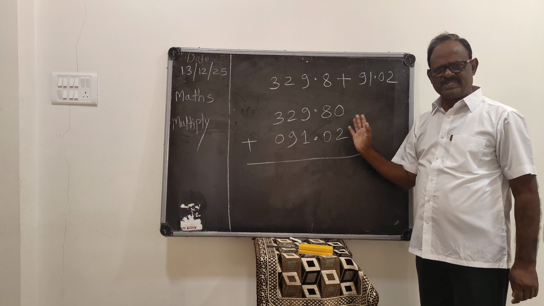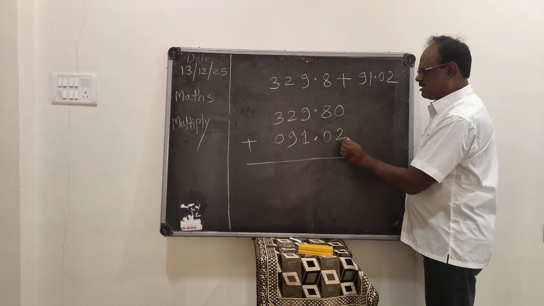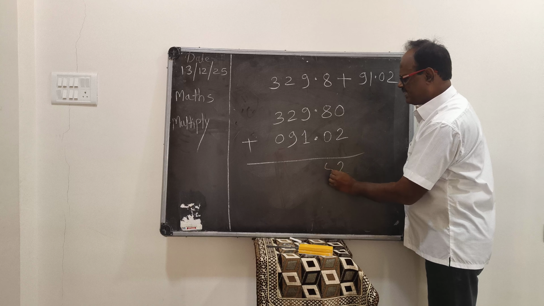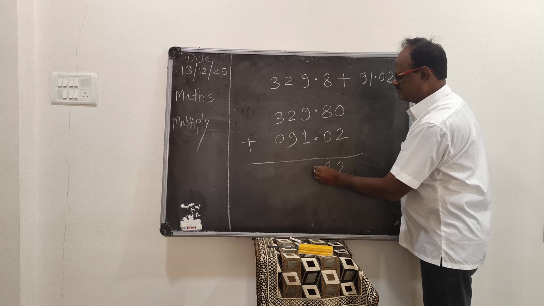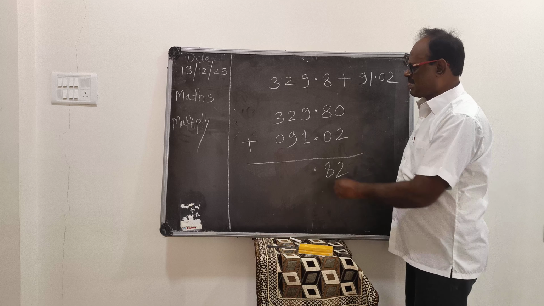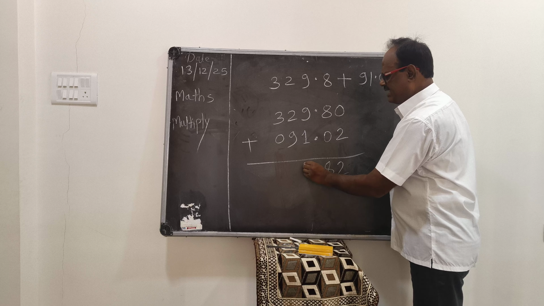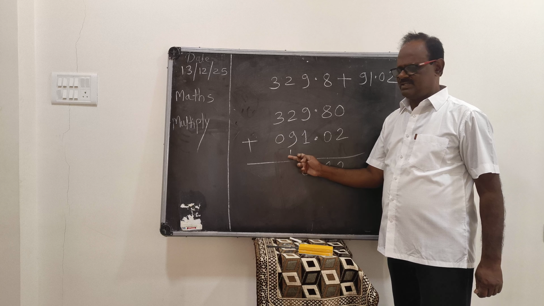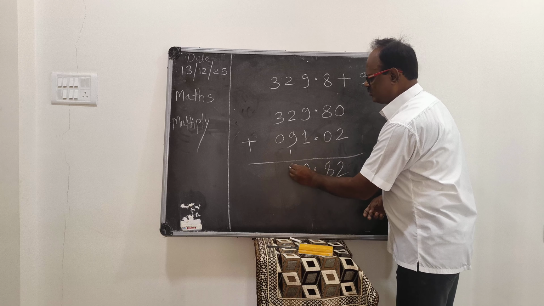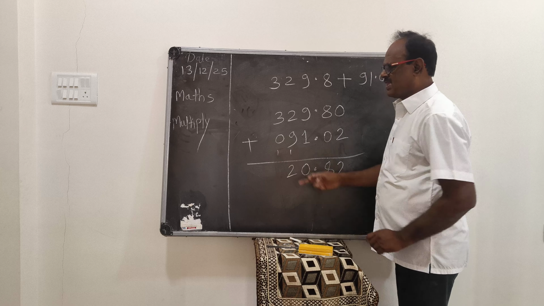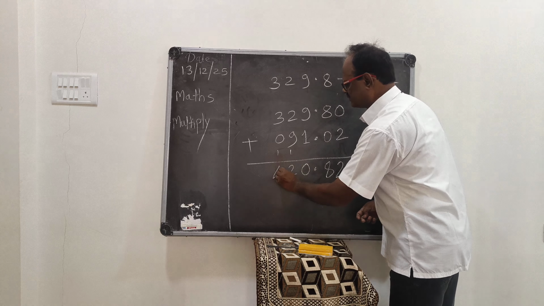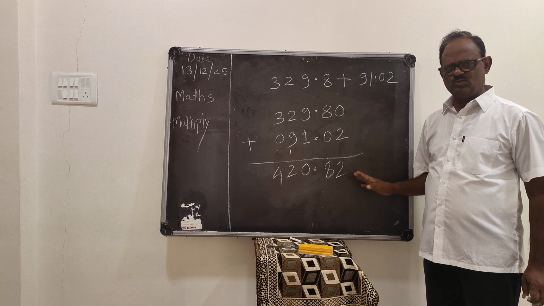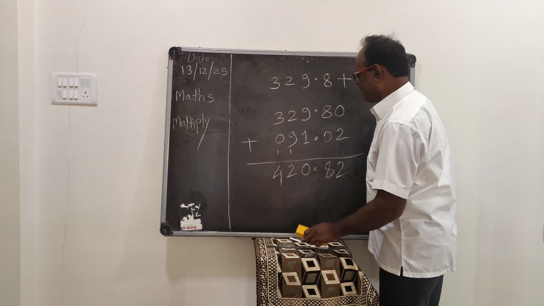It is one and the same thing. Now 8 plus 0 plus 2, 2. 8 plus 0, 8. Point below the point. 9 plus 1, 10. 0 and carry 1. 9 plus 1, 10. 10 plus 2, 12. So 2 and again carry 1. 3 plus 1, 4. The answer is 420.82. This is the simple way.